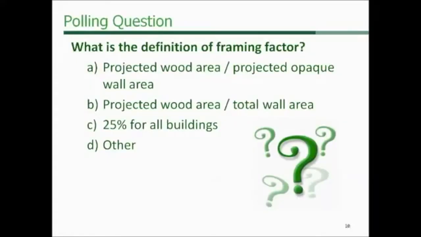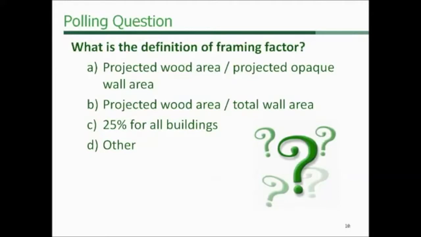So the real answer, according to ASHRAE, is A, because it's only about the opaque wall area. That's all they care about. If you do a ResNet or HERS index, something along those lines, then your definition is B. There's a difference between how ASHRAE defines it and how HERS or ResNet defines it.